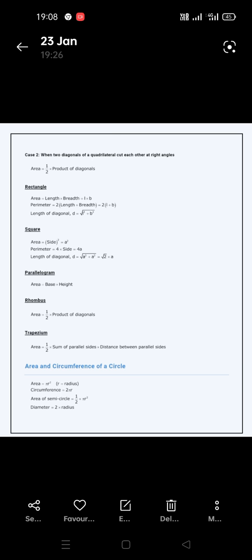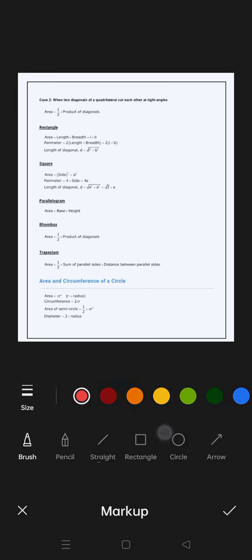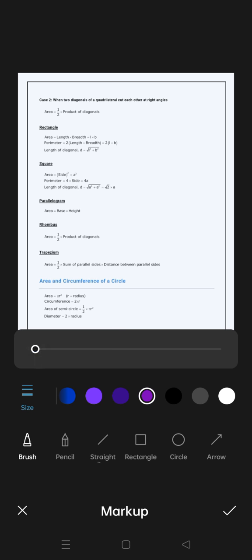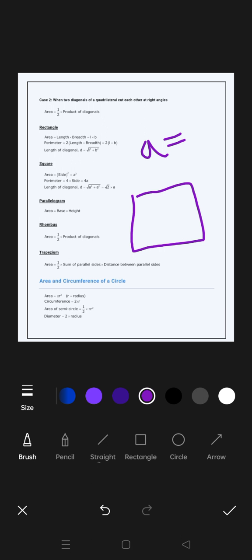Suppose I draw the figure again, because without a figure you can't understand. The figure is mandatory, that's why I am drawing it. Suppose this is the square. The side a of the square will be, suppose, 4 centimeters.